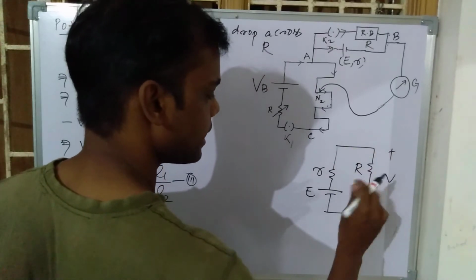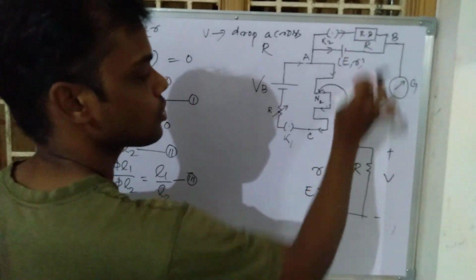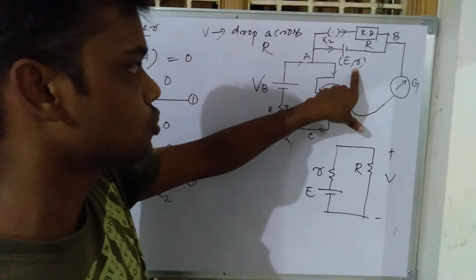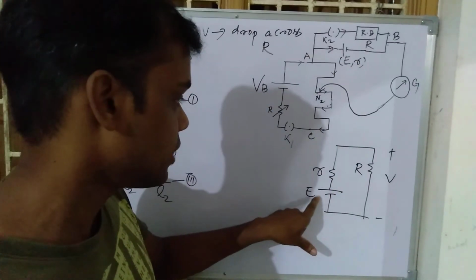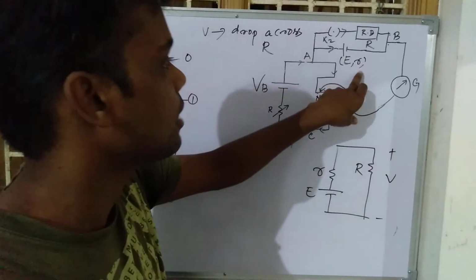Now in this cell, if you resemble it to this one also, it looks the same or not. Only difference is r is shown implicitly here, here explicitly. We are showing r outside the EMF, outside the cell. Here r is not shown.